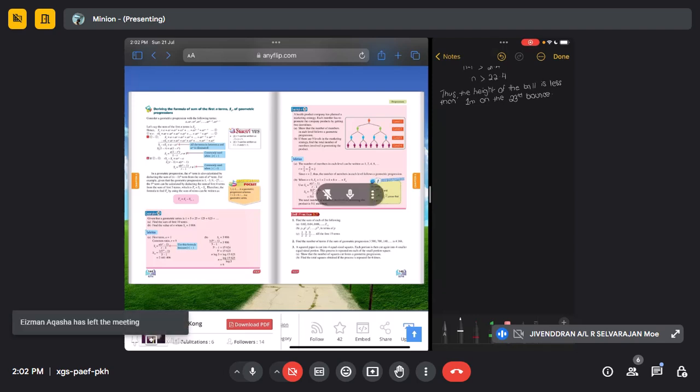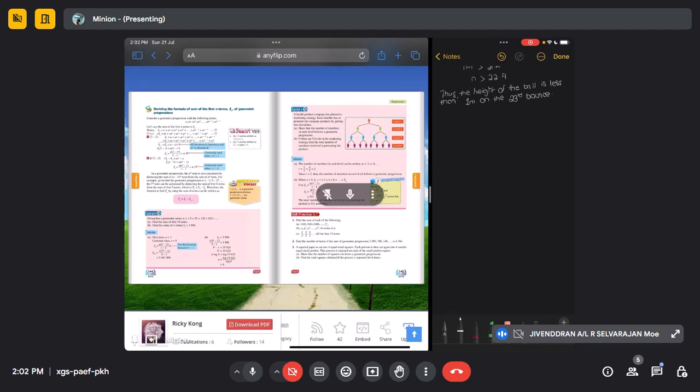If r is less than 1, then the formula will change a bit, where Sn equals a in bracket 1 minus r to the power of n close bracket over 1 minus r. That's the slight difference.